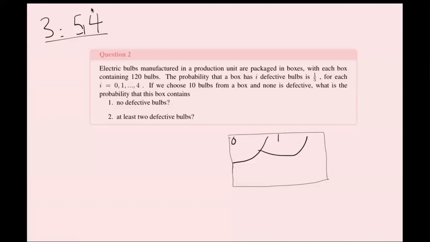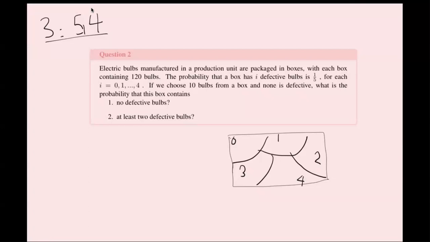And this part belongs to when a box has 1 defective item, and these 2, 3, and 4. So a box cannot have more than 4 defective items, at most 4, and at least 0.